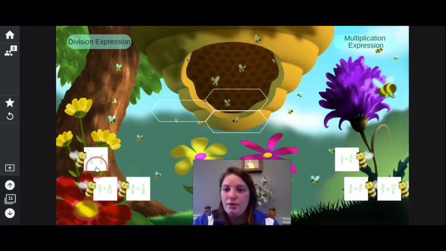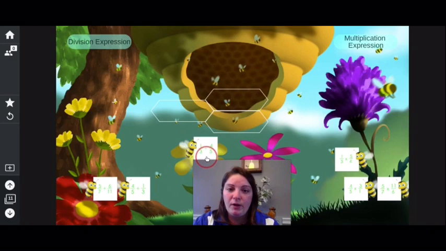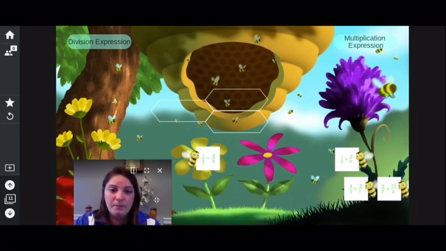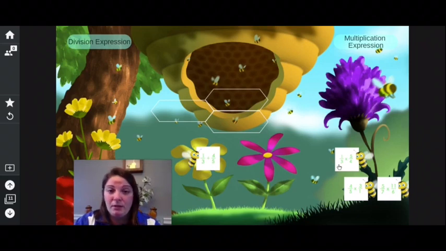This one says 1/3 divided by 4/5. And we need to find its match. So which of these expressions would be the same thing, the equivalent when we do keep, change, flip?